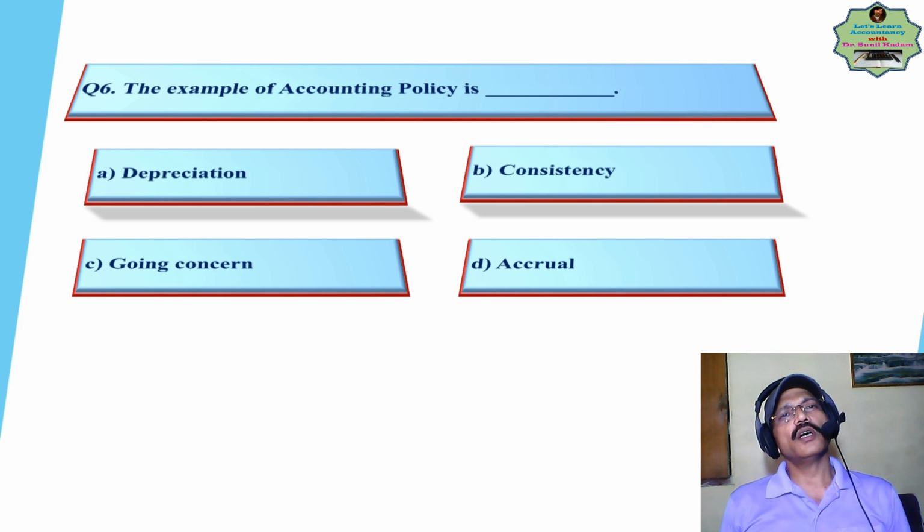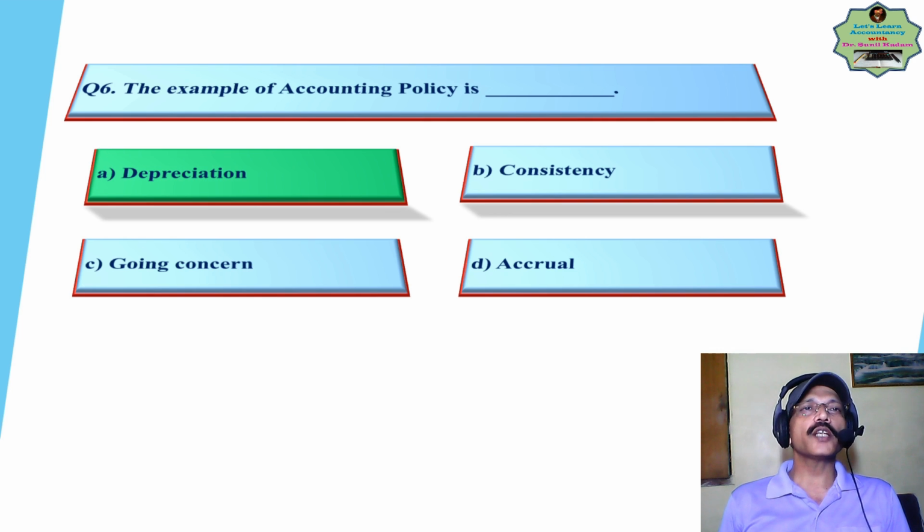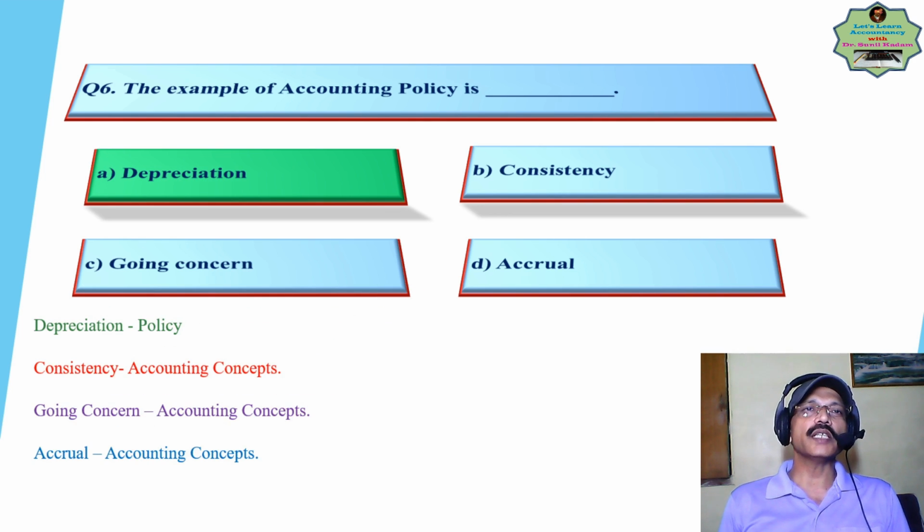Depreciation is a policy which the organization adopts, whereas consistency is an accounting concept. Going concern is also an accounting concept, and accrual is also an accounting concept. Therefore, depreciation is the accounting policy, and the correct option for this objective is depreciation.